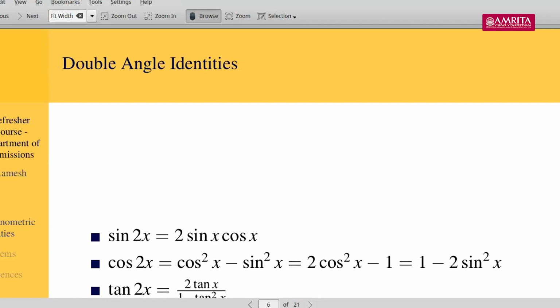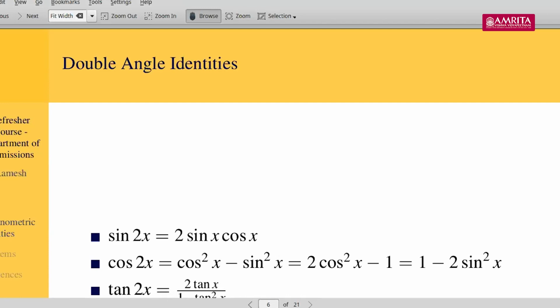This identity is called the double angle identity. Why is it called the double angle identity? After all, what I am doing here is taking twice the angle. So sine of twice the angle gives you 2 times sine of this angle and cos of this angle. That means sine 2 theta is equal to 2 sine theta cos theta, or sine 2x is equal to 2 sine x cos x.